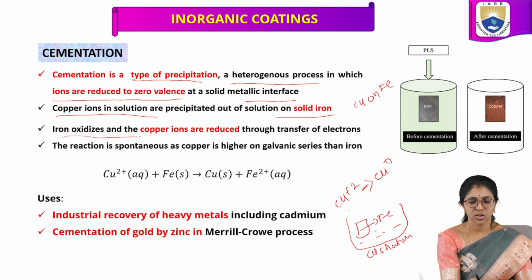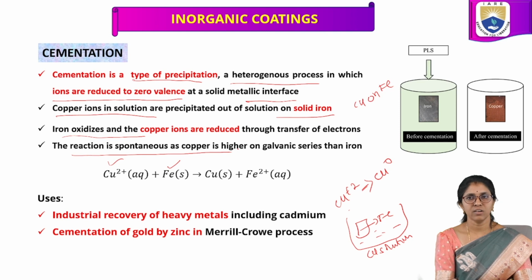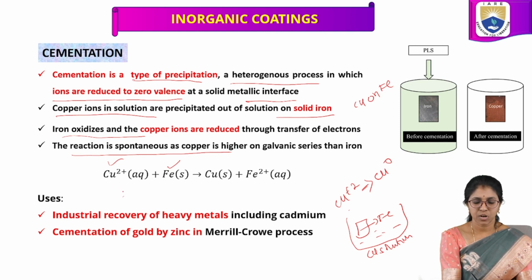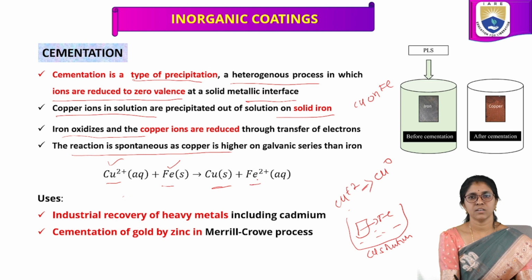The iron oxidizes and the copper ions are reduced through transfer of electrons. The reaction is spontaneous as copper is higher in the galvanic series than iron. So copper is coated on iron; copper is undergoing reduction and iron is undergoing oxidation.